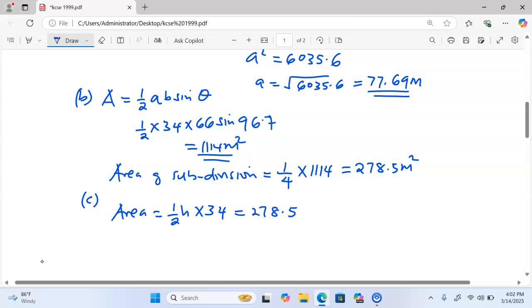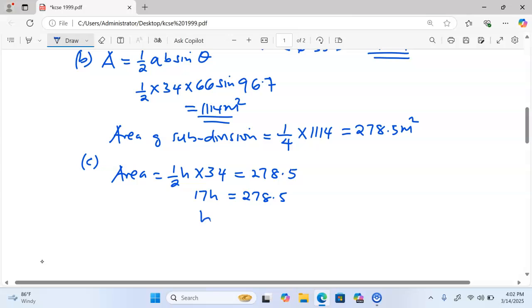Half of 34 gives us 17, times h, giving us 278.5, and this gives us the value of h being equal to 278.5 divided by 17. You get exactly 16.38 meters. Once we have the height, we can now get the distance.